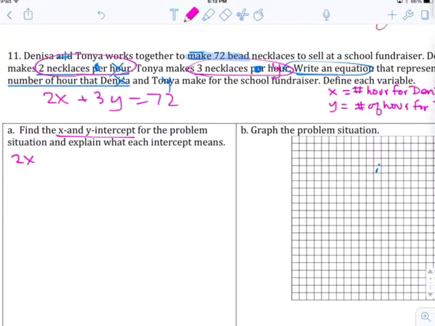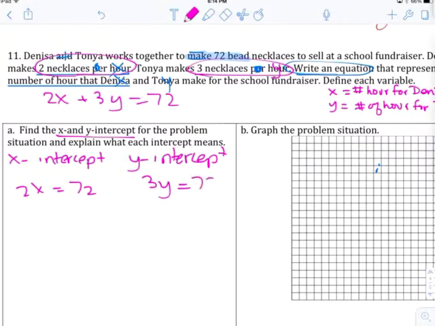X-intercept is 2x equals 72. Y-intercept. x equals, let's see, 3, 6, 36.